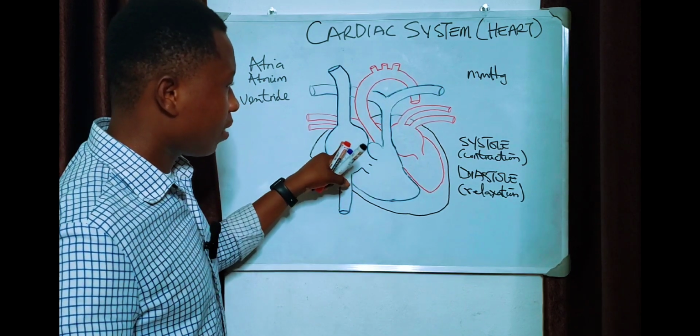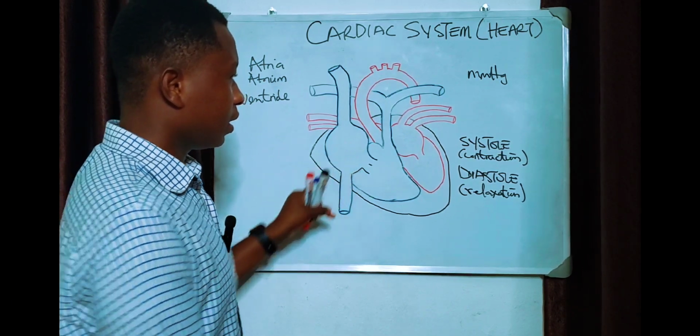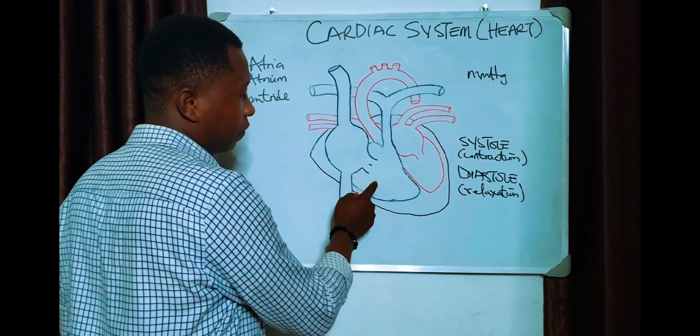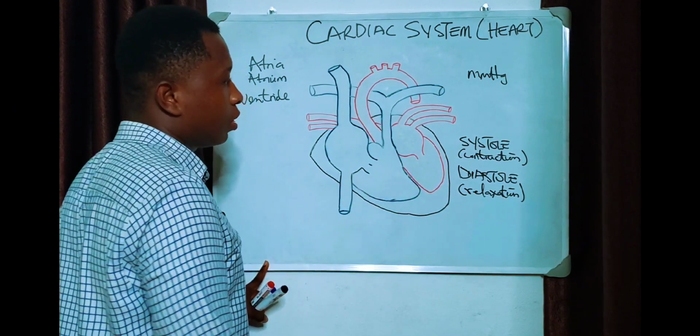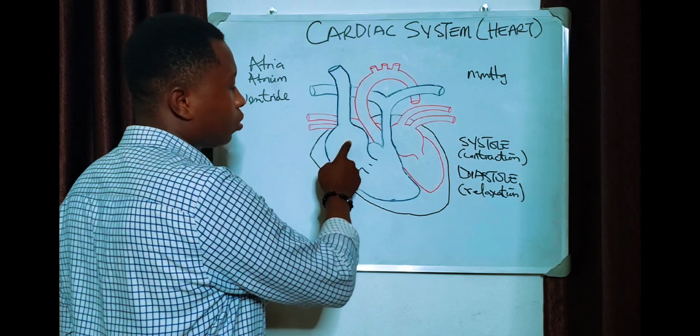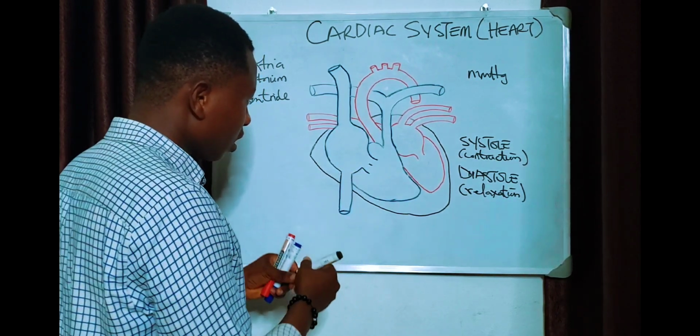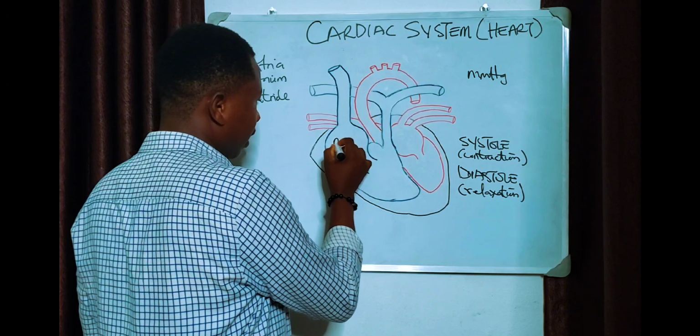This is the first chamber of the heart. First upper chamber, second upper chamber. First lower chamber, second lower chamber. So this first chamber is referred to as the right atrium.